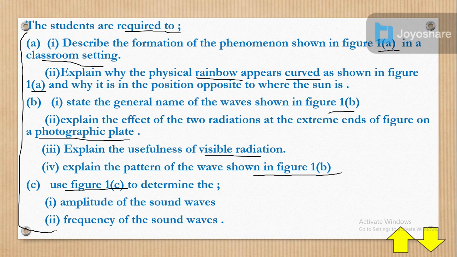We shall follow activity per activity, Roman number 1 part A, Roman number 1 part B, Roman number 1 part C to the end, and then we see the way forward.